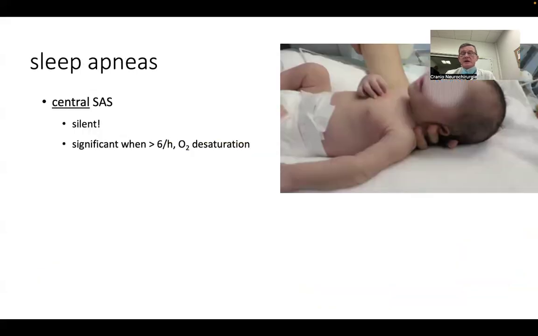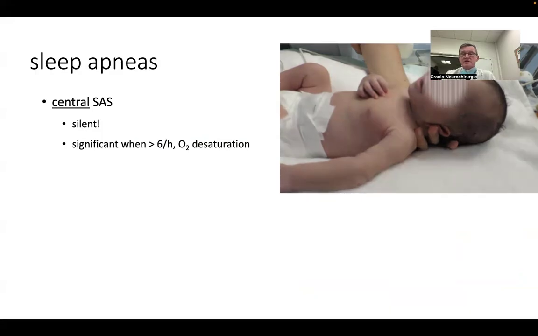So sleep apneas. It is typically a central sleep apnea syndrome. That means it is silent, unlike the obstructive sleep apneas, and it is significant when we can count more than 6 events during sleep with oxygen desaturation.